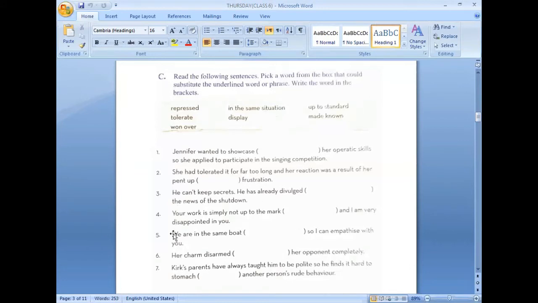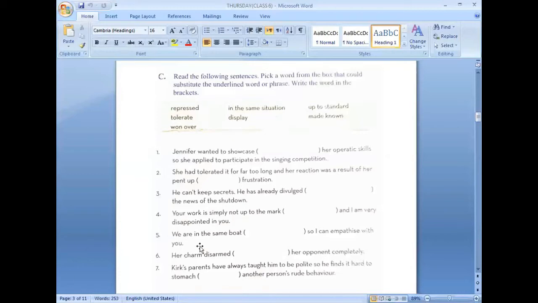So your work is simply not up to the standard, and I am very disappointed in you. So the phrase up to the mark will be substituted by the phrase up to standard. So number four, the answer is up to standard.